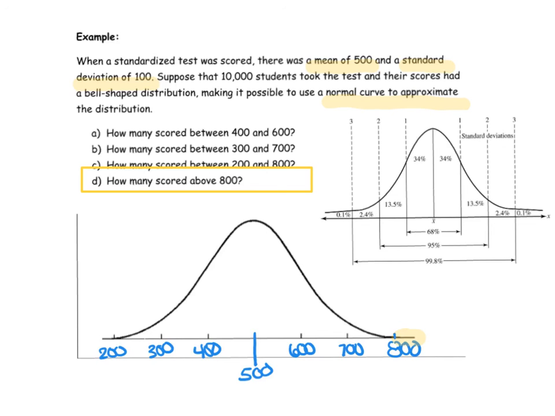So we would say that how many students scored above 800 would be 0.1% of 10,000. So 0.1%, you still have to divide by 100, so move your decimal point 2 places and get 0.001 times 10,000, giving us only 10 students.